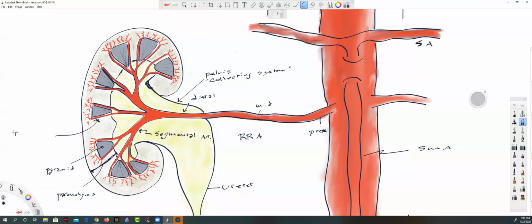This is the interlobar artery. This is a really good one for the segmentals and especially the interlobars. These are going to be part of our examination.